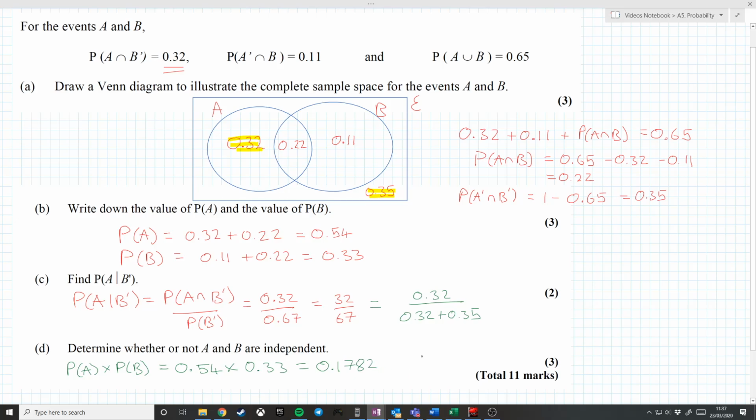And probability of A intersect B would have to be equal to this if we were independent, from the formula, but this is 0.22. So this does not equal 0.22, which is the probability of A intersect B. So that's very clear. I've shown my working, and I can say that they are not independent.